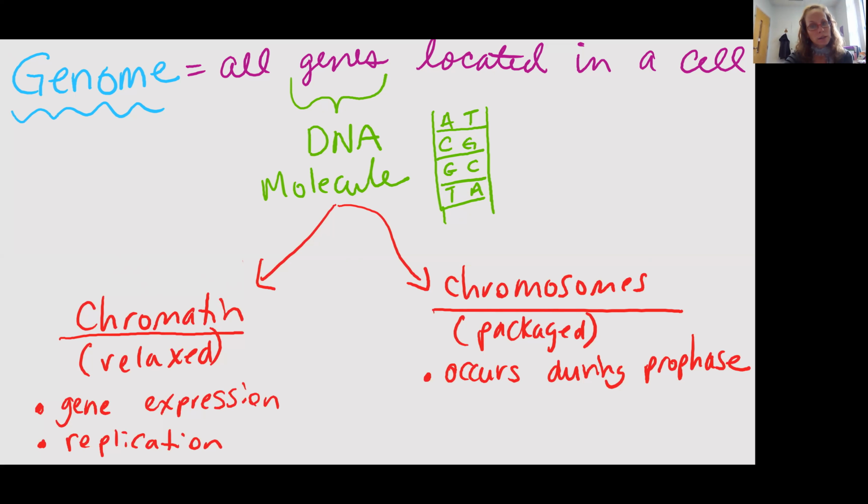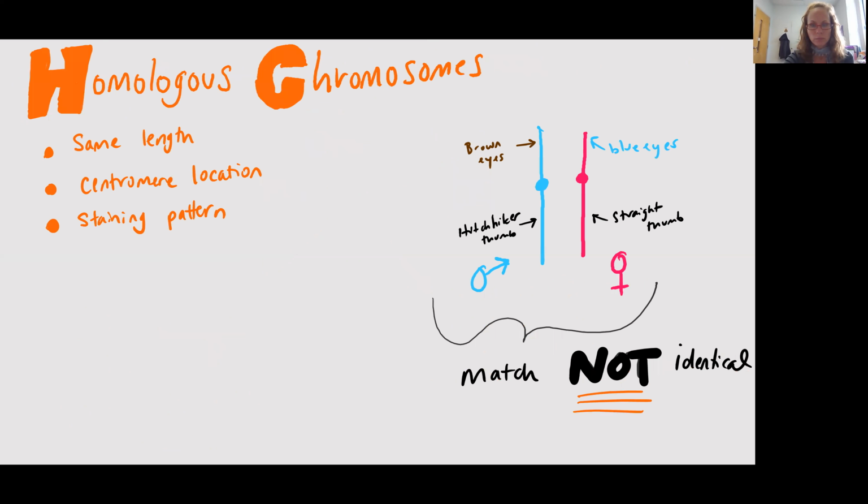When your cell is in the process of division, whether it's mitosis or meiosis, we will see it in the packaged up condensed form, which is described as chromosomes. So that's where that DNA gets tightly wrapped around proteins in order to make sure pieces are not lost or broken in the process of cell division.